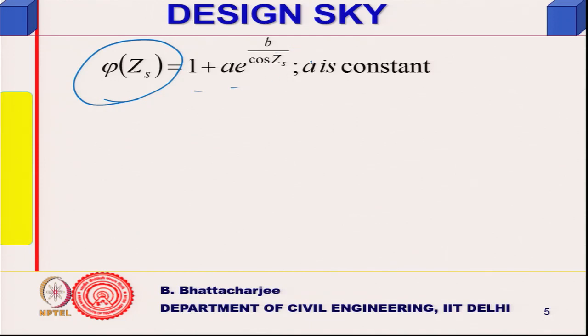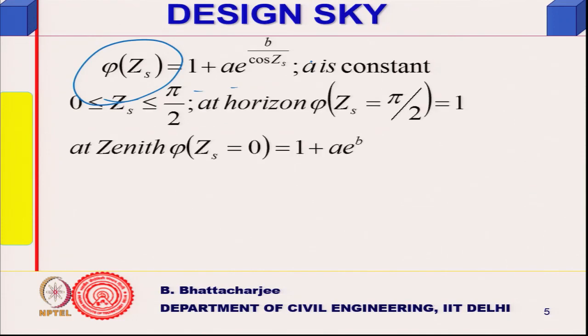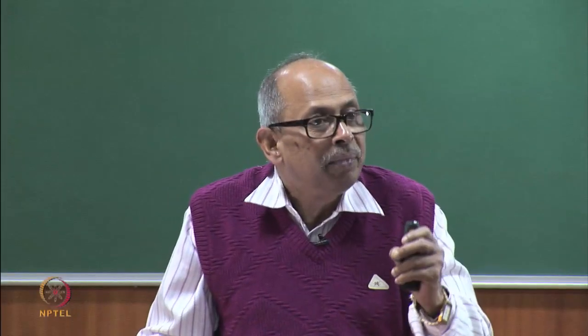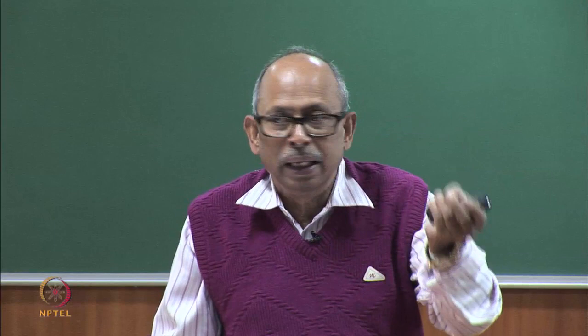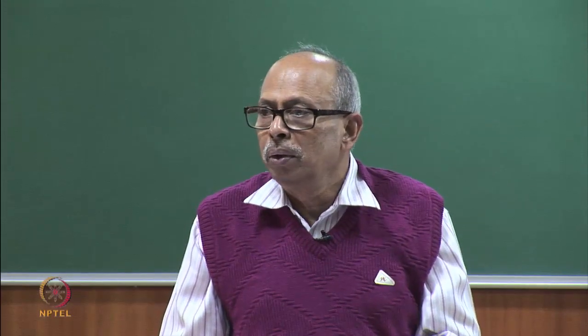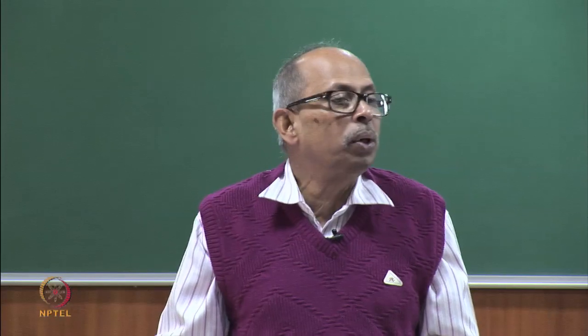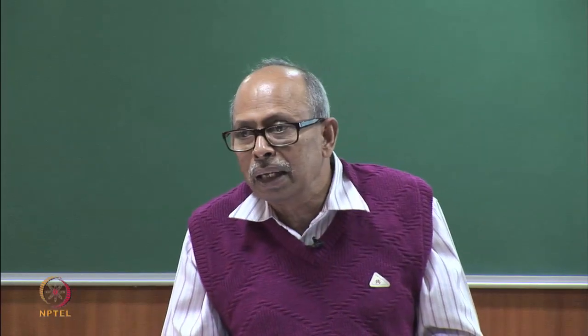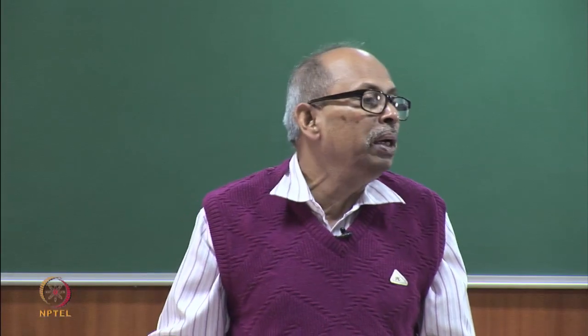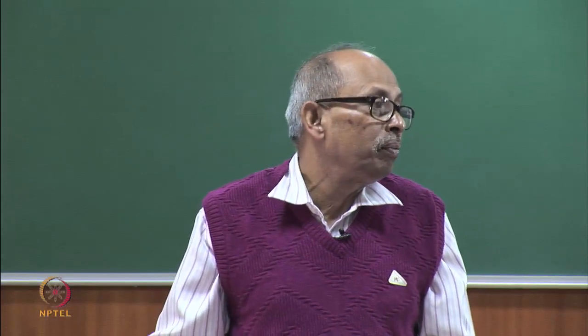You can see that it is almost similar to what was there in that equation. So, it is a function of z s. Two constants we have, a is a constant, b is also a constant, and this is valid from 0 to pi by 2, because the zenith angle z s will vary from the sky element to the zenith. Corresponding to 0 it is at the zenith itself, corresponding to pi by 2 it is at the horizon.